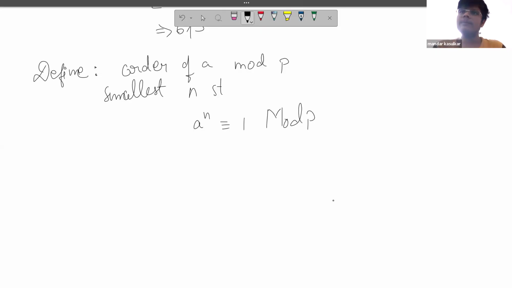The point is, whenever p is not prime, most of the time what you can do is break it into its prime factors and then use the Chinese remainder theorem to go back. And why you need p to be prime: take for example 3. 3 raised to the power n is never congruent to 1 modulo 15.